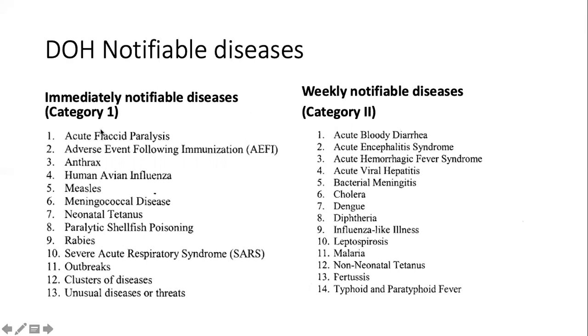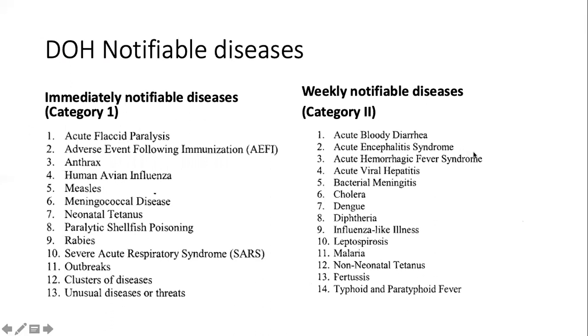So for example, in your hospital, you have a case of meningococcal disease. You have to report that within 24 hours, and it will alert the public health authorities of a possible outbreak or an epidemic of meningococcal disease. These are category 1 diseases.